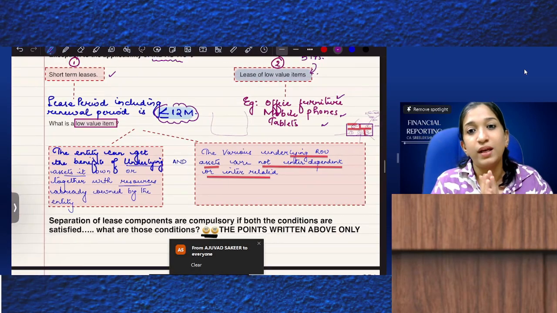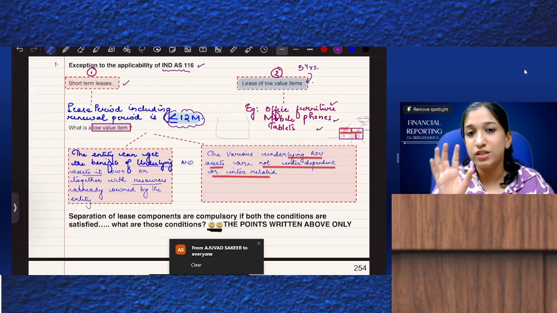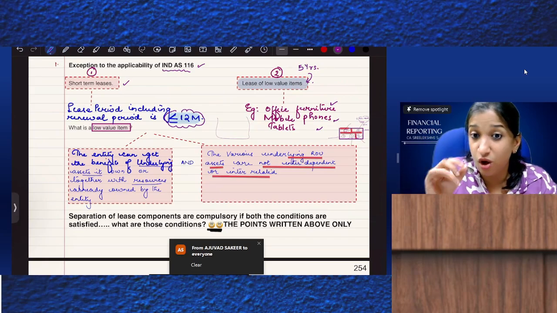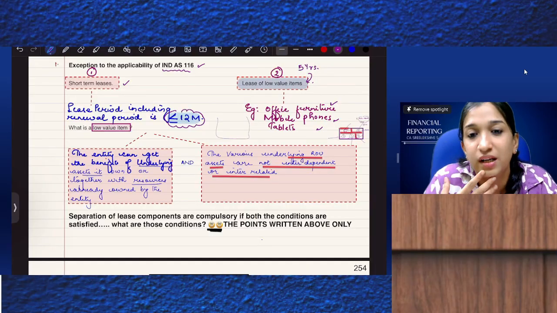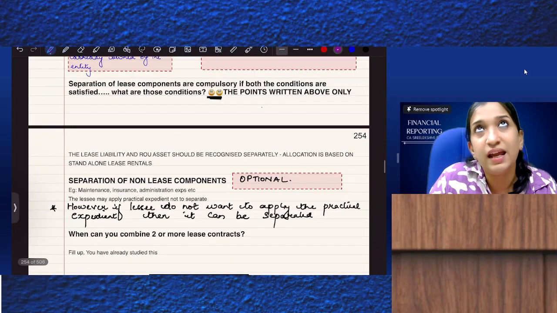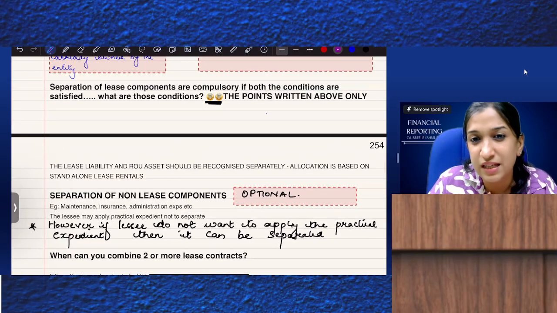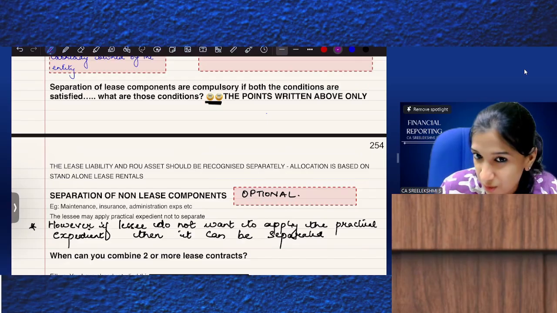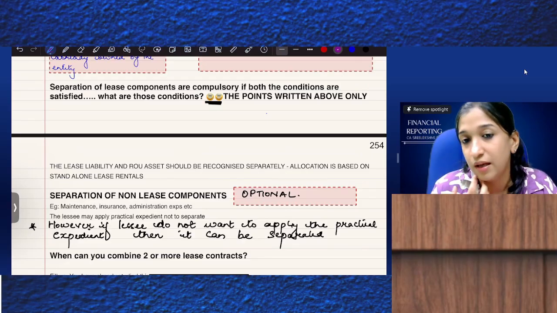So you can get the low value exemption if the item is low value, and you can get the benefit from the asset on its own or together with other resources already owned by the entity. Now, so there are exceptions. All leases cannot fall under the purview of IND AS 116. You can get exemption. Fine.